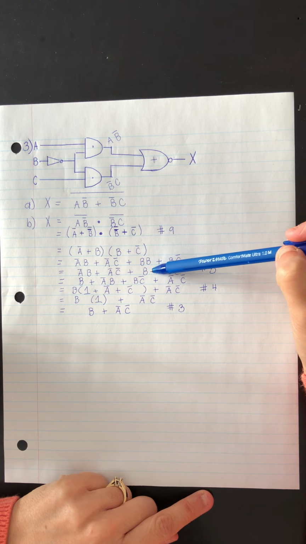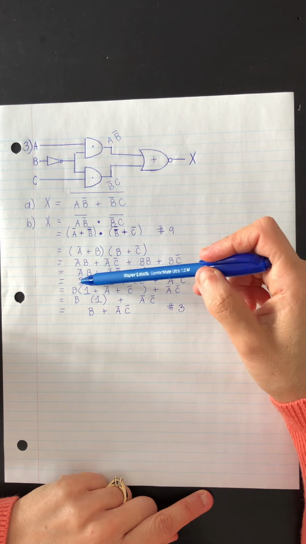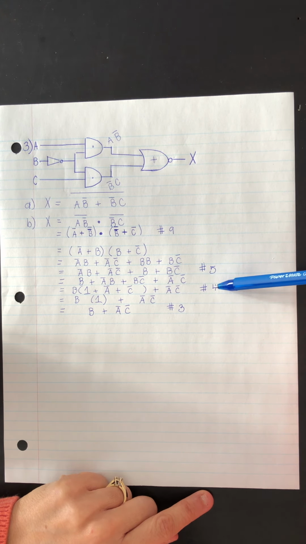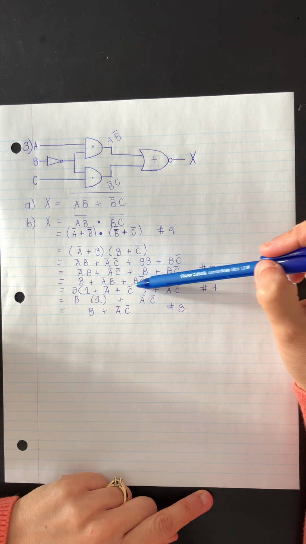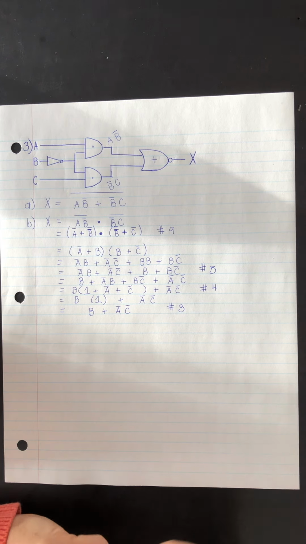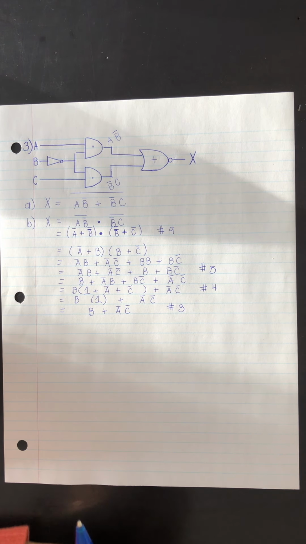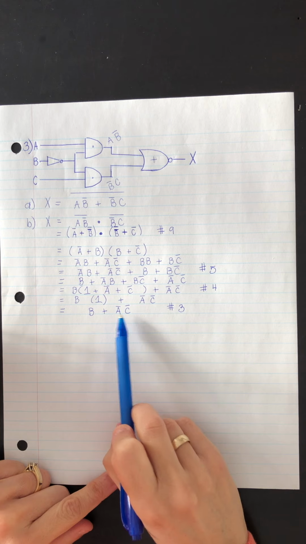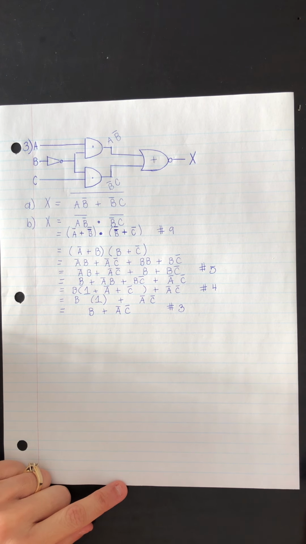We then used rule 5 right there. Then we common factored b from the 3 terms containing b so that we could use rule 4, changing all of that to a 1. And here's where we are at, b plus a naught c naught.